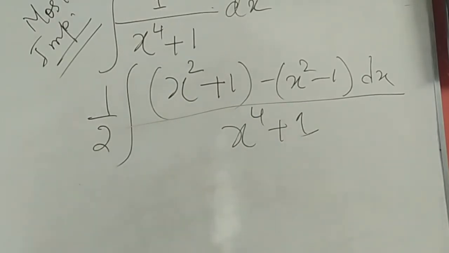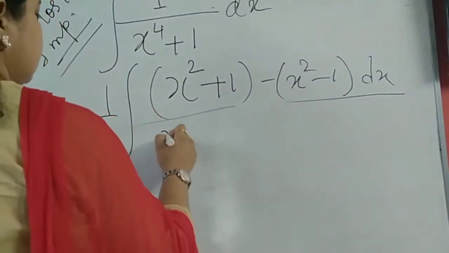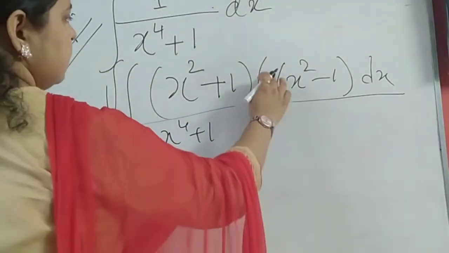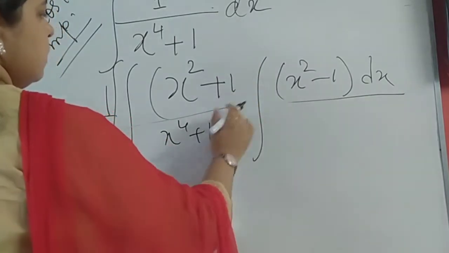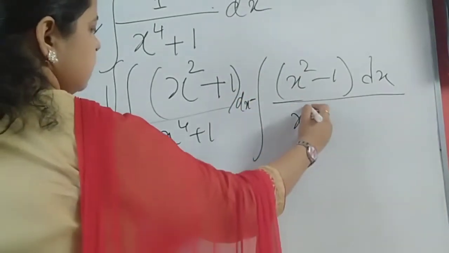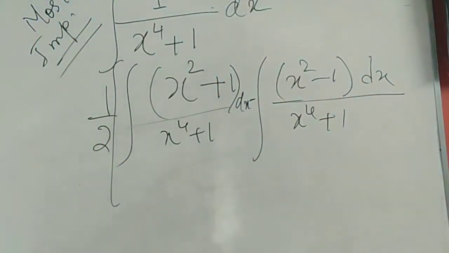Separating the numerator. What are you getting? On separating the numerator, I am going to write down here dx and (x square minus 1) dx by x to the power of 4 plus 1, and see, I have put a third bracket.